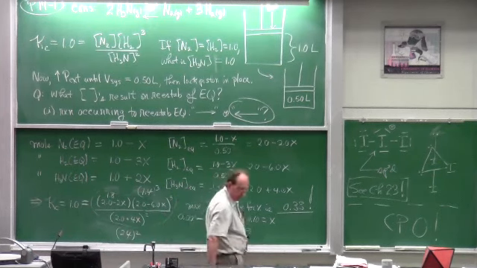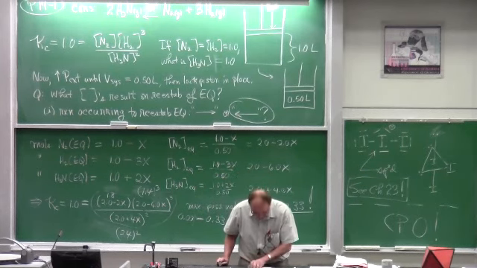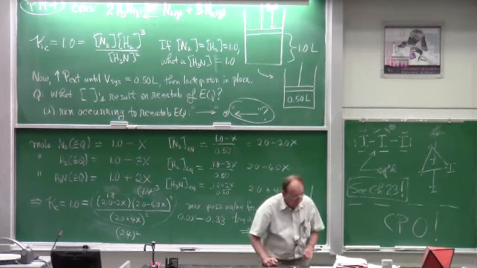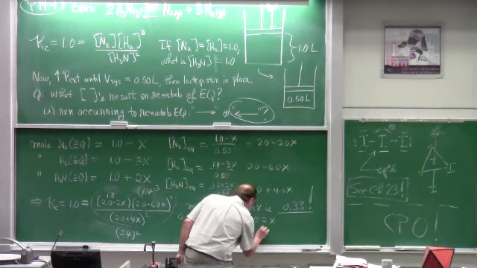Gives, what'd you get? 0.858. What did I get? I don't know, I write this stuff, scribble all over the place. I get 0.86.